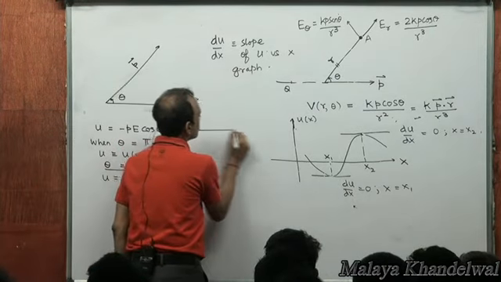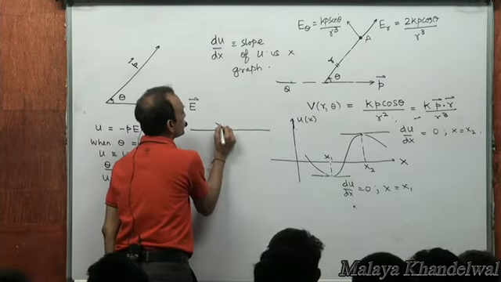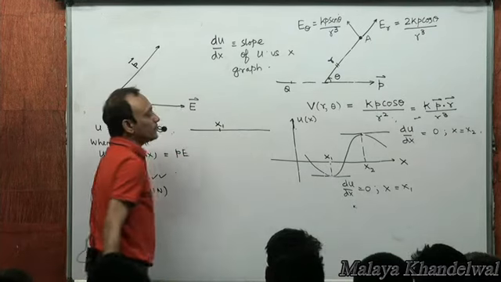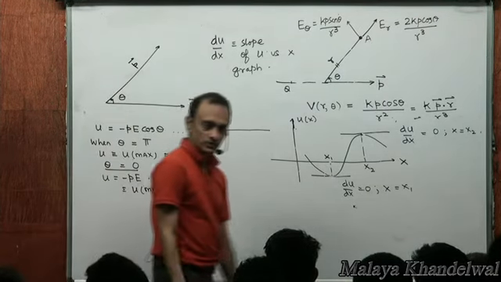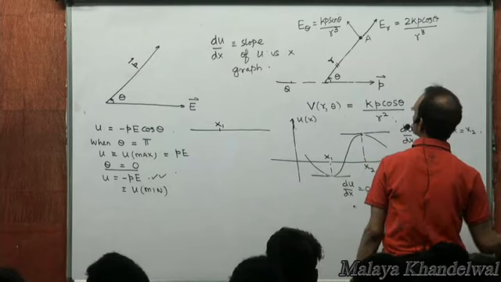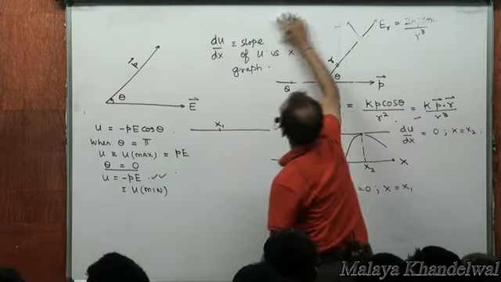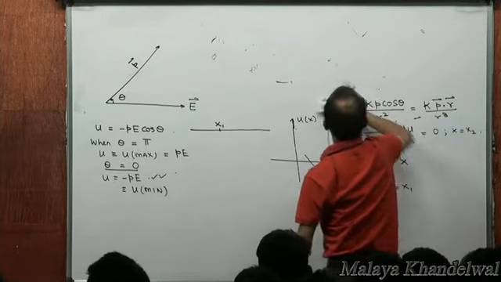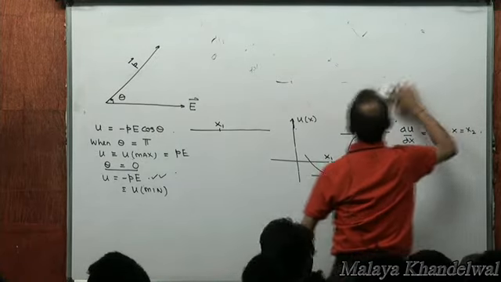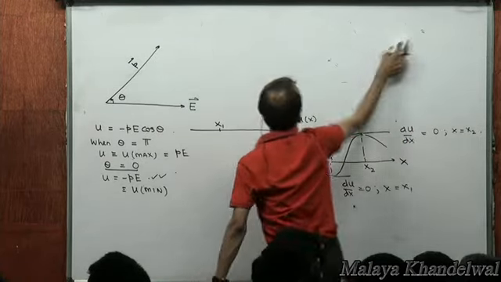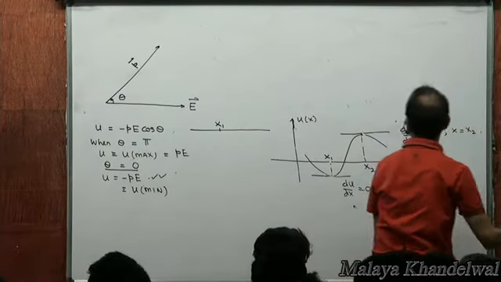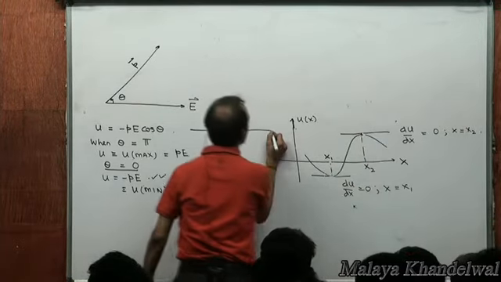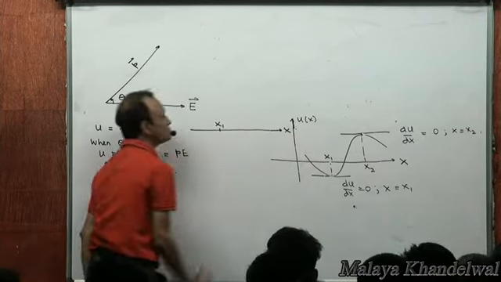So let's say the particle is at x equal to x1. This is my x-axis and the particle is at x equal to x1.